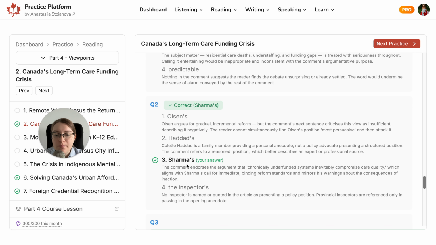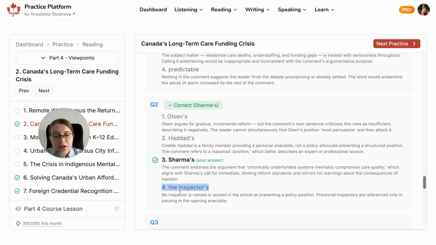So Sharma, the comment endorses the argument. Yes, endorses. So saying that this is the problem, right? If we don't give money and care quality goes down, right? And Sharma said we need to do it immediately. We need to make the reforms happen, reform standards happen. And also, if we don't do that, we will have the consequence.